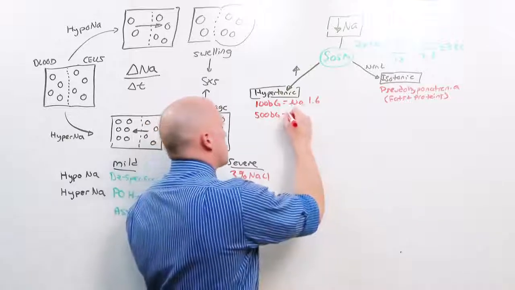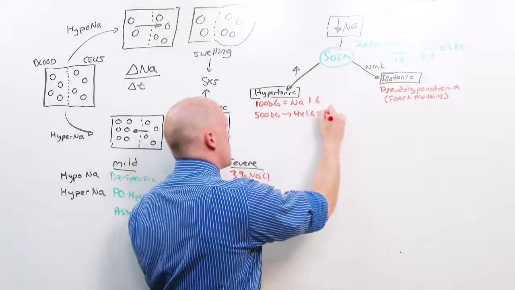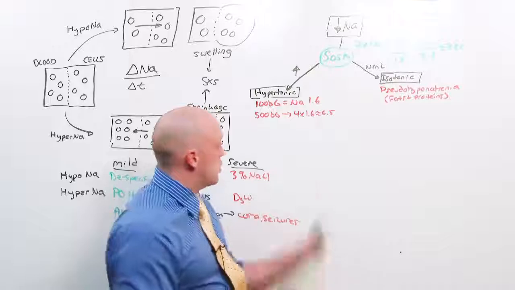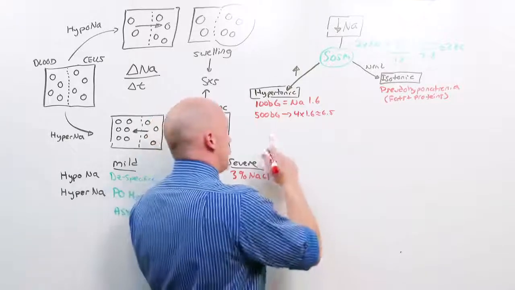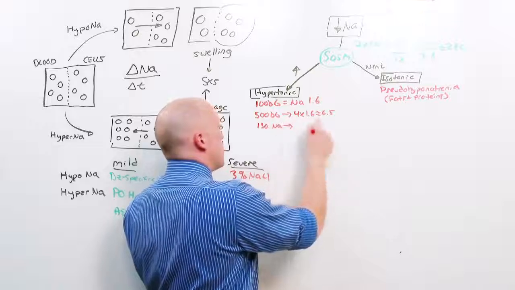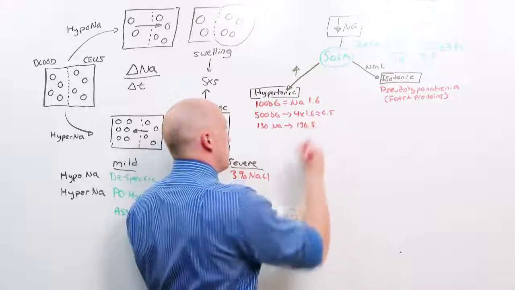So you would correct the sodium by 4 times 1.6, which is about 6.5. Which means that if on the same chemistry that showed 500, the sodium was 130, you would correct that sodium by 6.5, and their actual sodium would be 136.5.